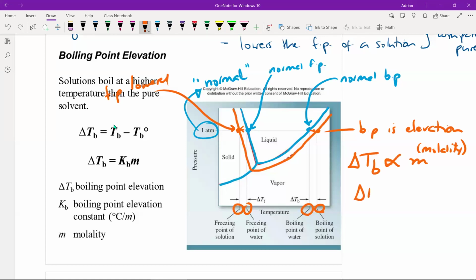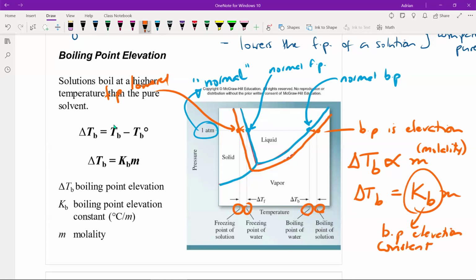We can replace that proportionality symbol with an equal sign, but then we need to introduce a proportionality constant, K_b, called the boiling point elevation constant for that particular solvent, right?